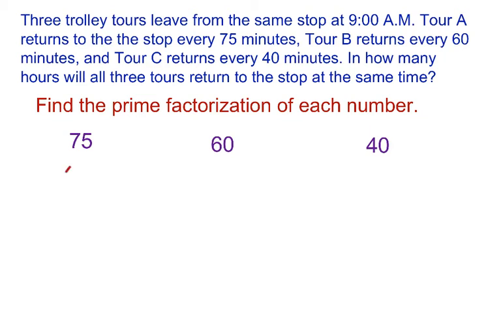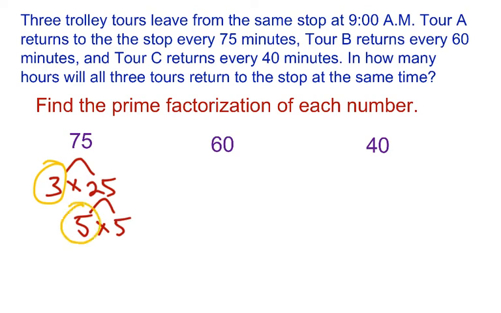So the prime factorization of 75, we can start with 3 times 25, and I'm circling my prime numbers. And then I have 5 times 5. So now I have my prime factorization, and I can move on to 60.